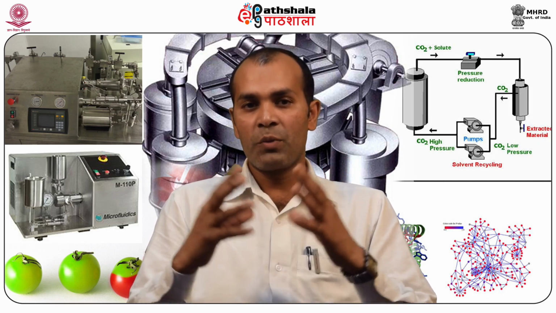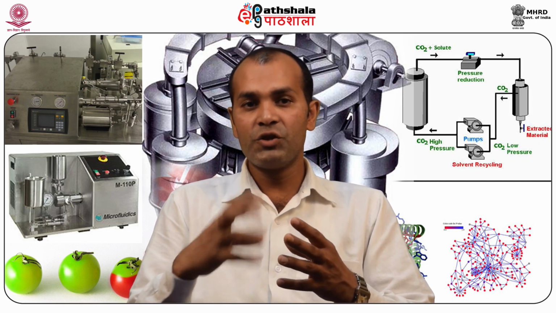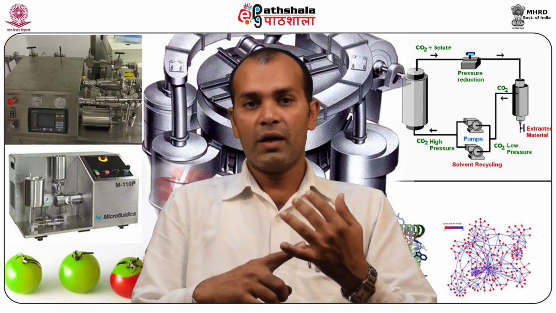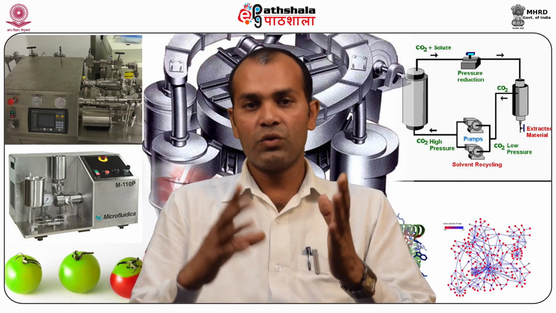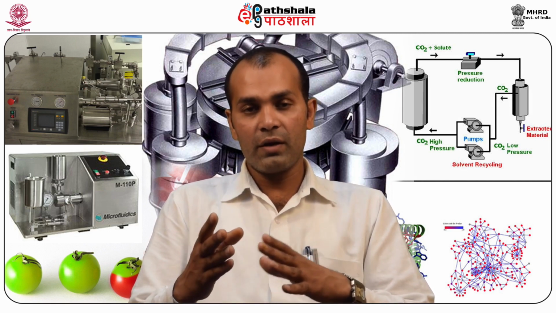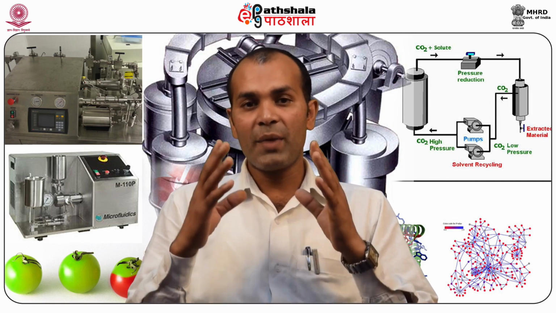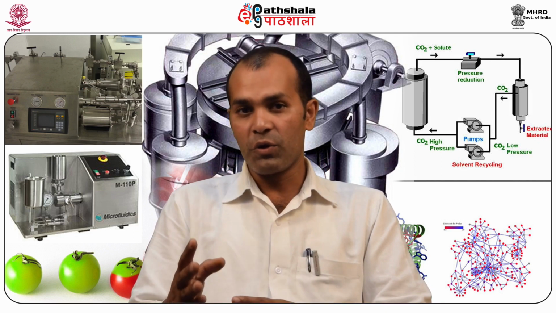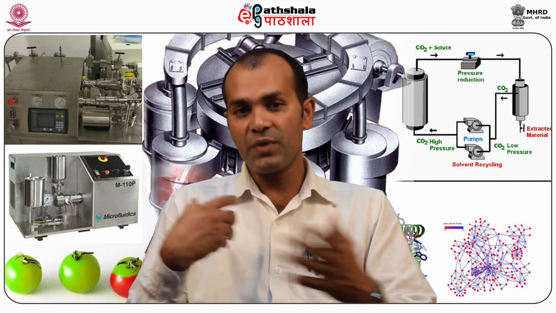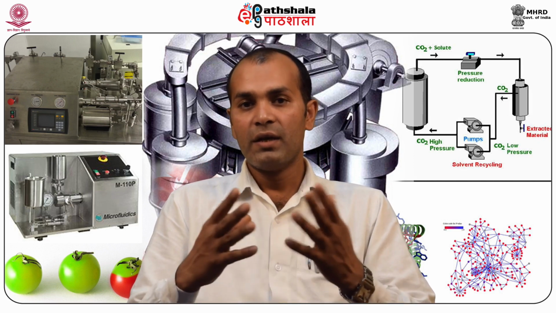A membrane plant is equipped with centrifugal pumps, so electricity is mainly consumed for the operation of pumps. Moreover, they offer flexible production capacity. We can produce a higher amount and also a little amount with the membrane. It depends on how much membrane area we fix in a particular module, and on that basis how much flux we get; on that basis the production capacity of the membrane plant is given.